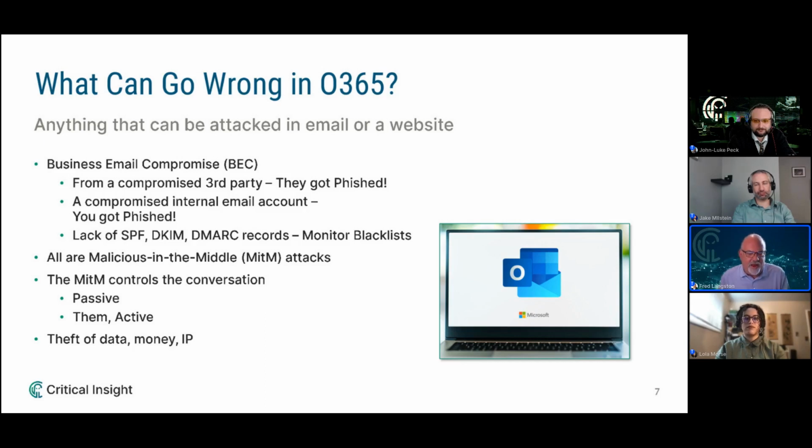And there's a third way this happens. If you do not have good DNS email controls, it's called Sender Policy Framework, SPF. DKIM is a cryptographic method of validating that you are the sender from this domain. And DMARC is an umbrella that those two other measures sit under.